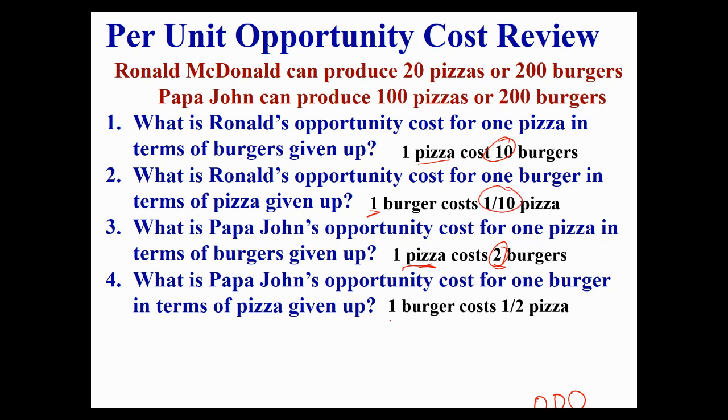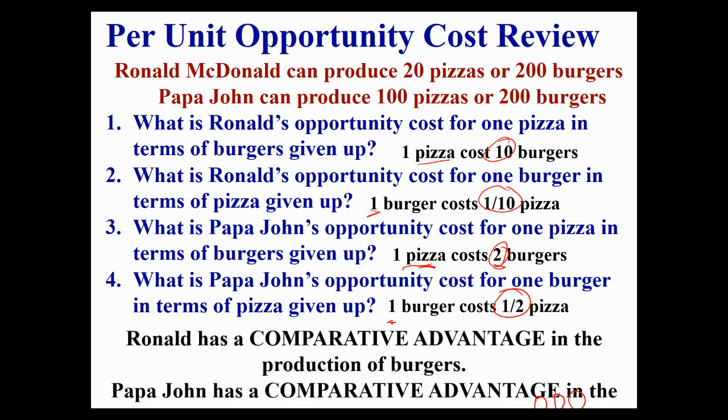And for Papa John to make one burger, he gives up one half of a pizza. Well, 1/10 is less than one half. So we can essentially say that Ronald McDonald has comparative advantage in producing burgers because it costs him the least. It costs him 1/10 to Papa John's 1/2.